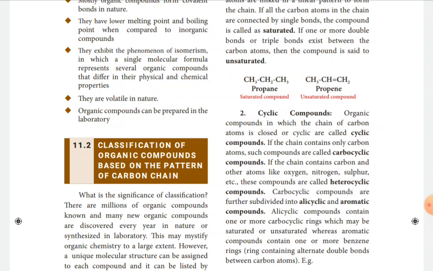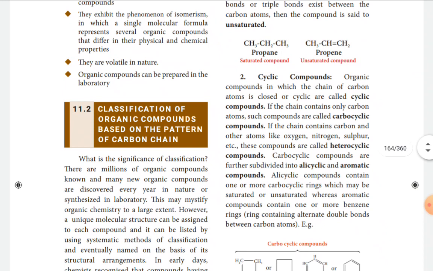So these organic compounds possess such a property, they easily evaporate at normal temperature. Then organic compounds can be prepared in the laboratory.